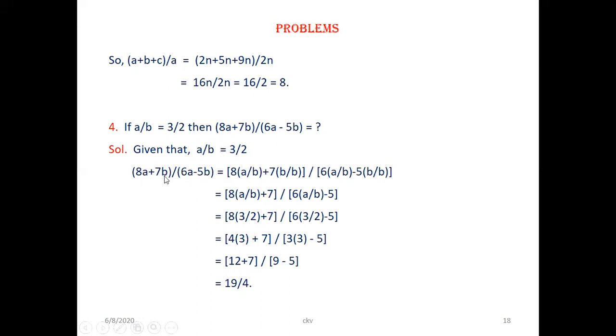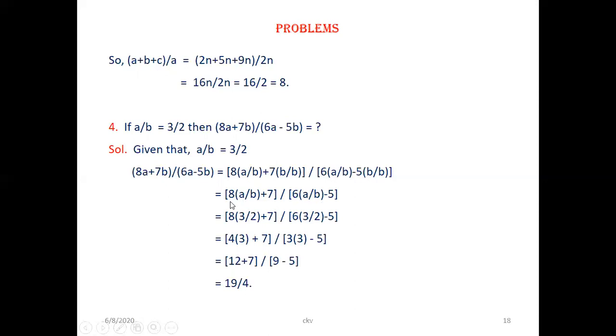So 8a plus 7b by b means 8a by b, and 7b by b, and divided by, see, the numerator part is over. Now the denominator also I'm dividing by b. So 6a by b minus 5b by b, which means it is 5.